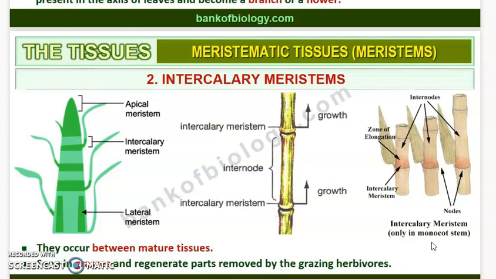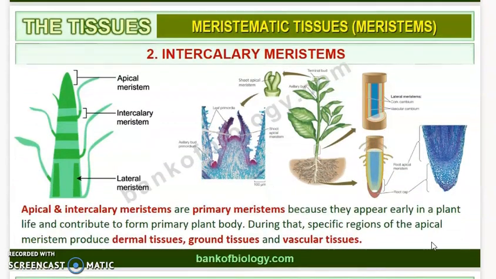And now if you take the case of this apical and intercalary meristem, they both are primary meristems, which means that they occur early in a plant. ഒരു പ്ലാന്റ് വളർന്നു വരുന്ന സമയത്ത് തന്നെ this apical meristem and intercalary meristem will start functioning. Okay, so because they appear early in a plant's life and contribute to form the primary plant body. അപ്പോൾ ഇവരിൽ നിന്നാണ് primary plant body form ആവുന്നത്.